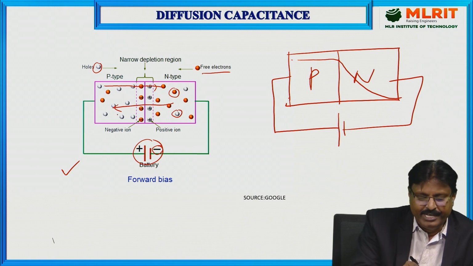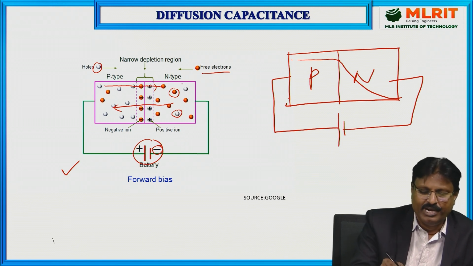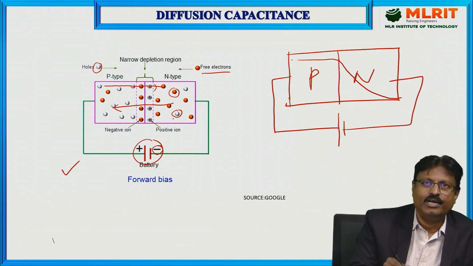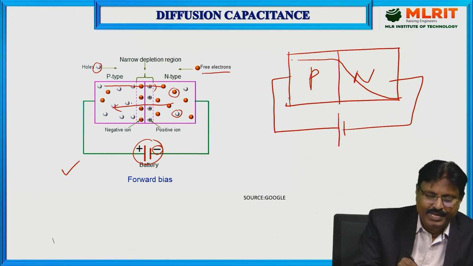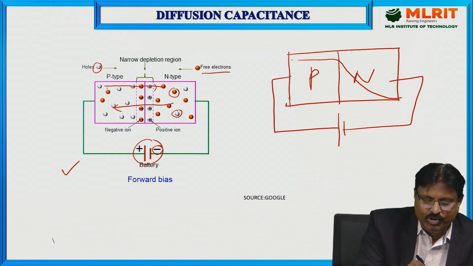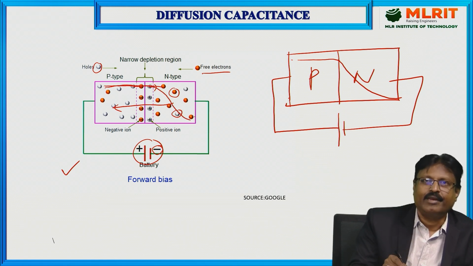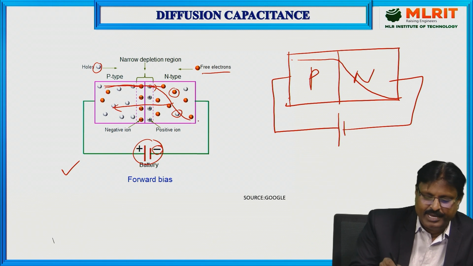Whenever it is moving from the P side to the N side, it is called a minority carrier. Why? Because in the N side, the majority carriers are electrons, but holes are minority carriers. So whenever the hole is moved from the P side to the N side, it is called an injected minority carrier.